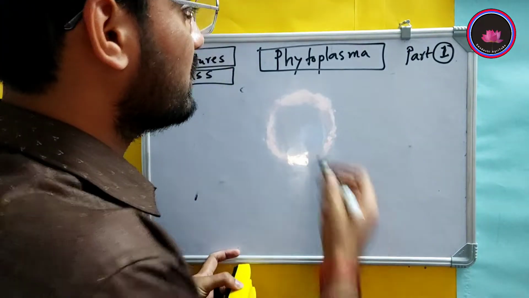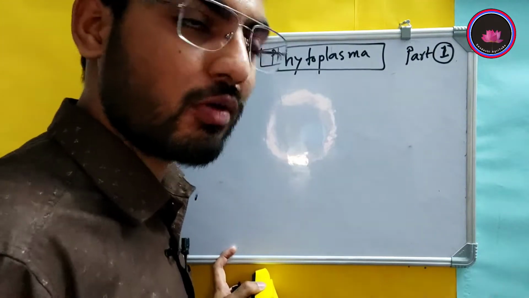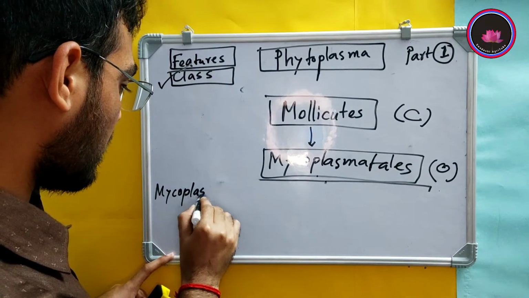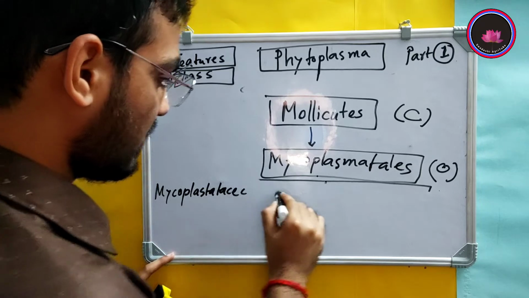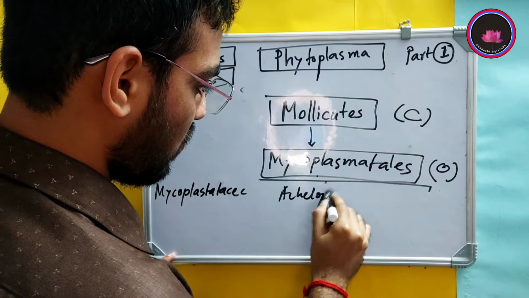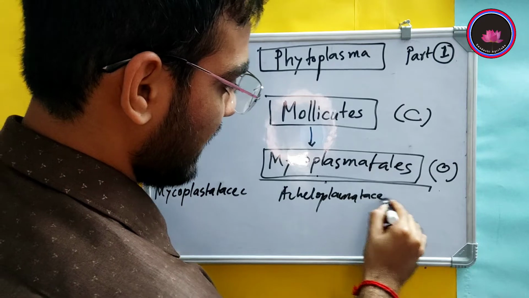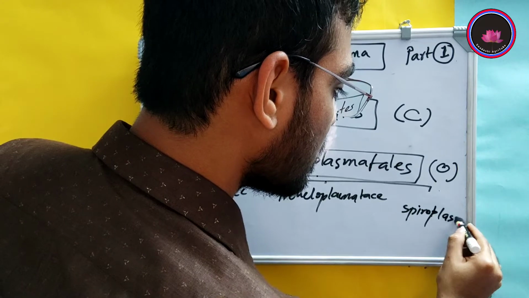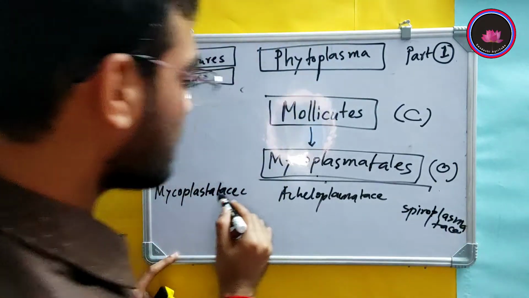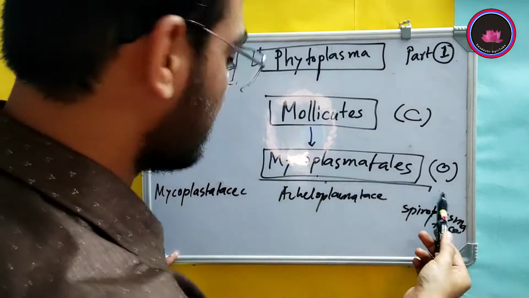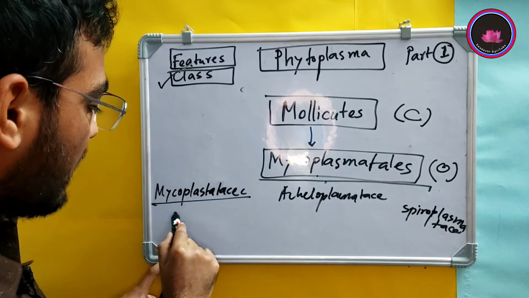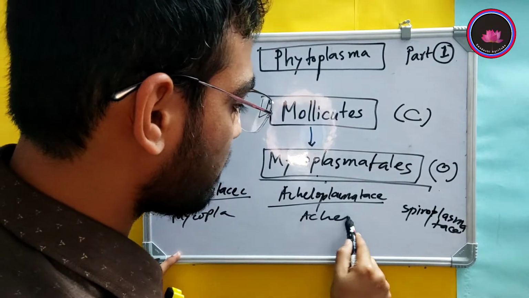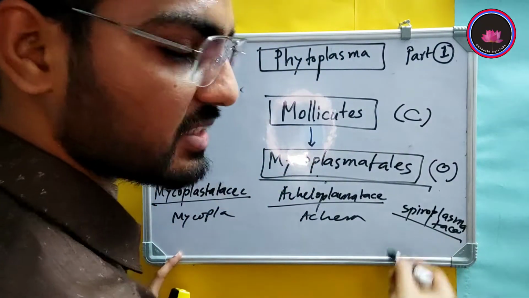So now we will talk about the phytoplasma, because mycoplasma is not our concern, as mycoplasma is a broader term. Under the order Mycoplasmatales, there are three families: Mycoplasmataceae, Acholeplasmataceae and Spiroplasmataceae. Mycoplasmataceae has the mycoplasma, Acholeplasmataceae has the acholeplasma, and Spiroplasmataceae has the spiroplasma.